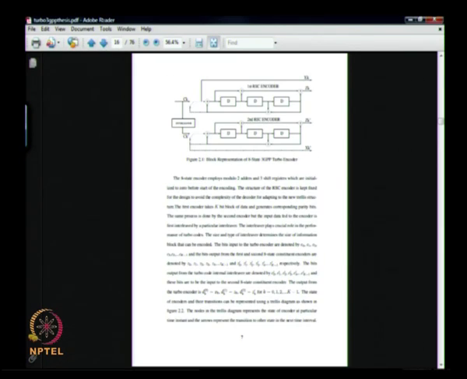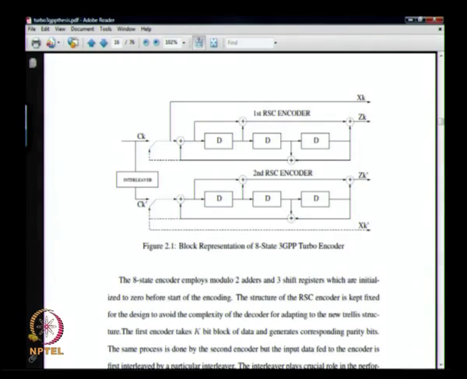This is better. This is the 8 state 3GPP turbo encoder, 1 plus d power 3 by 1 plus d squared plus d power 3. You can see the feedback is 1 plus d squared plus d power 3, and what is taken out is 1 plus d power 3.